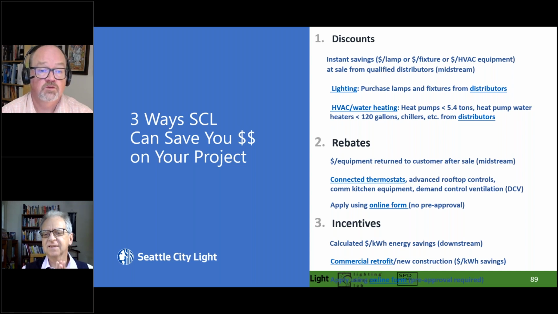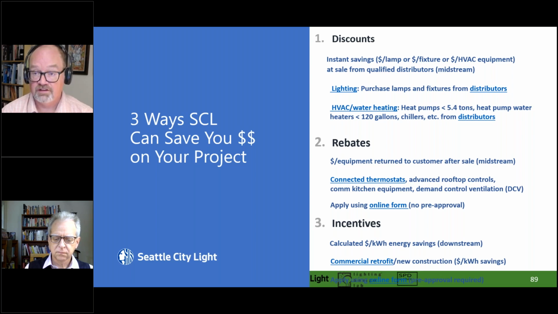So just as the last little bit of actual program that we have here before we start to address questions and invite additional questions, as Duane mentions, I'm going to put on my used-to-be City Light employee hat and mention to you that very frequently we forget, particularly working on projects in the city of Seattle, that Seattle City Light can be a good partner for design and implementation of some of these things.